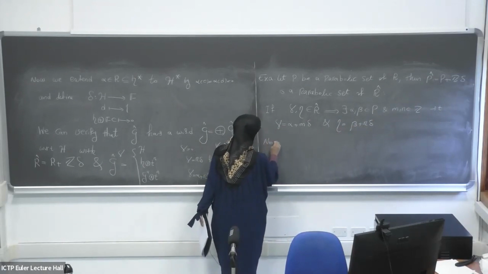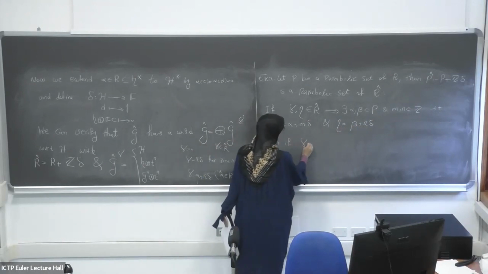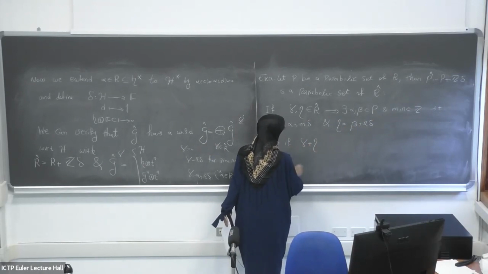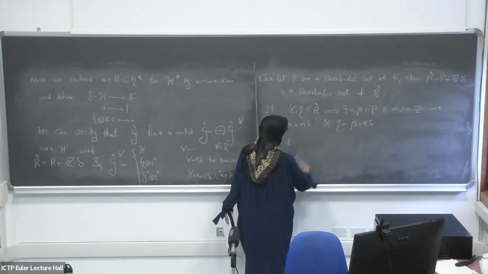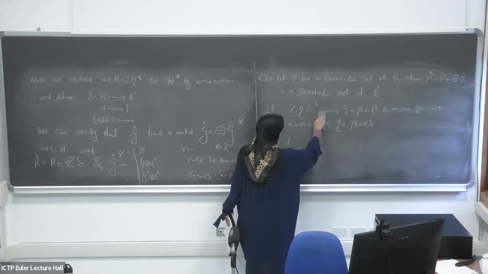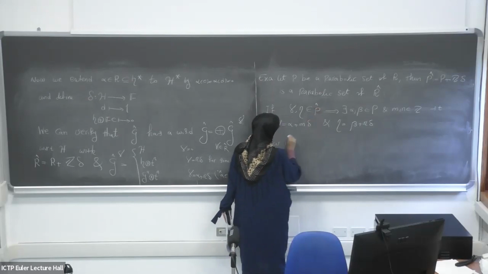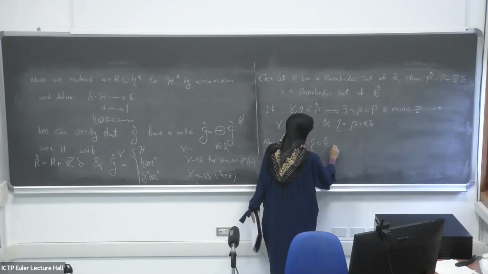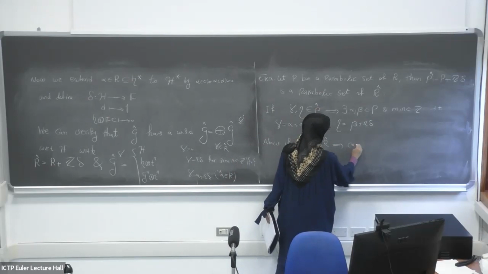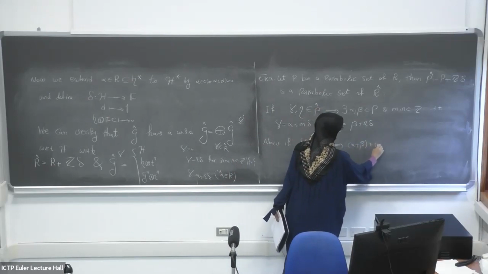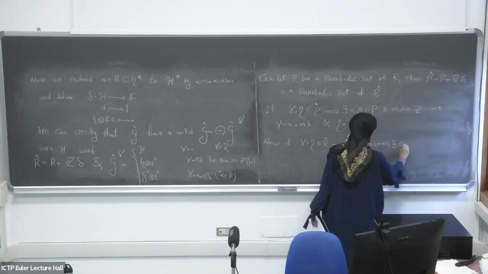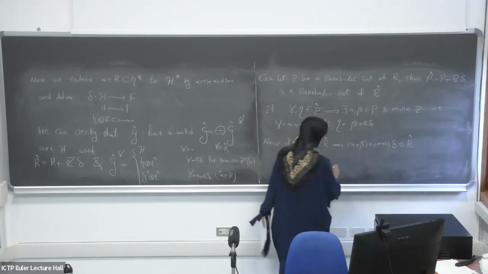Now, if gamma plus eta is an element of R hat, what do we have? We have alpha plus beta plus (m plus n) delta is an element of R hat.